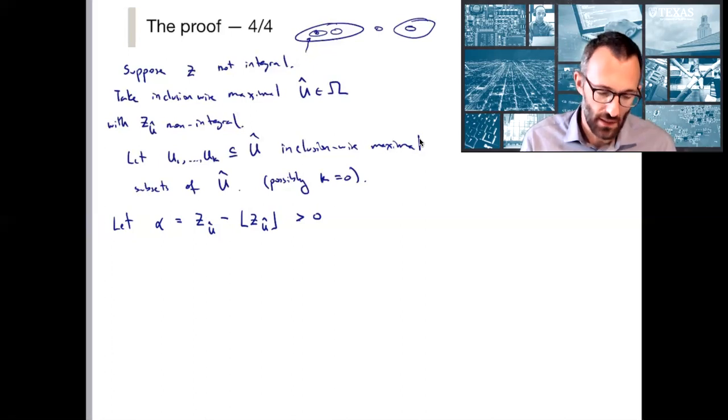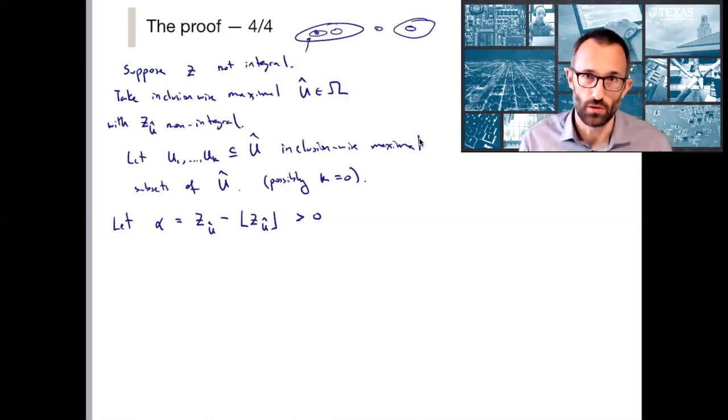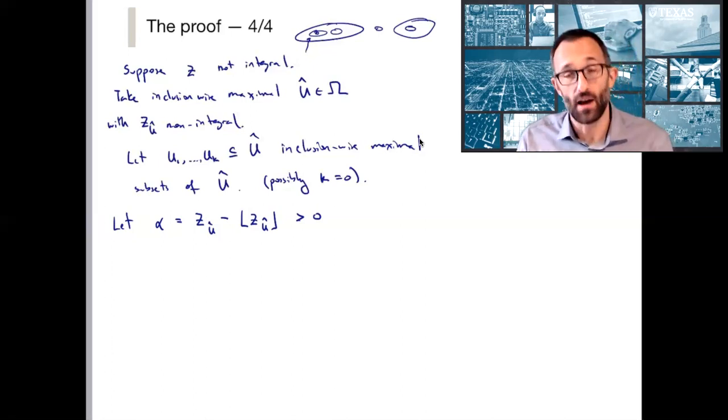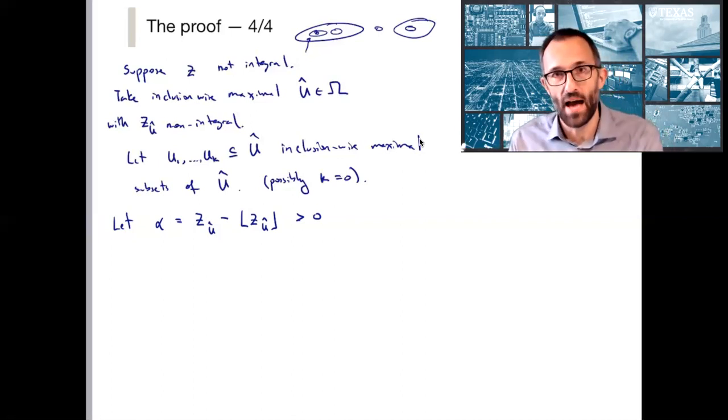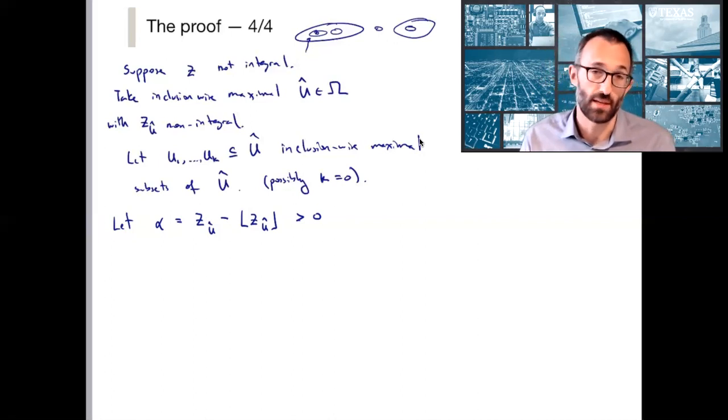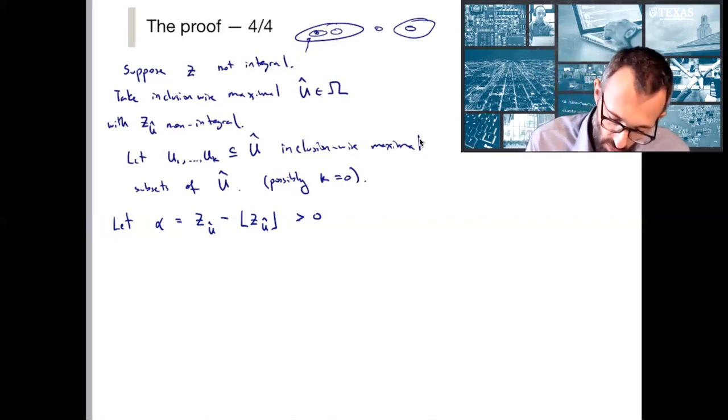And now let's consider what would happen to the solution if I round down z u hat, and then I add that balance to all of the subsets z u i. So in other words, consider a new solution. I'll put tildes on here just to help us.